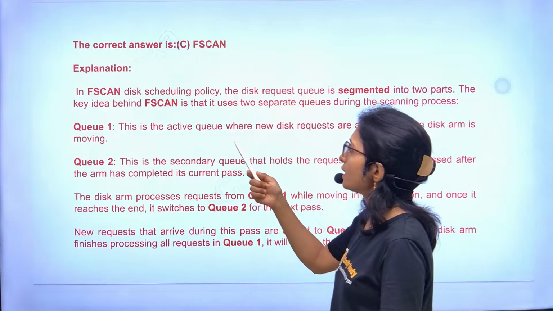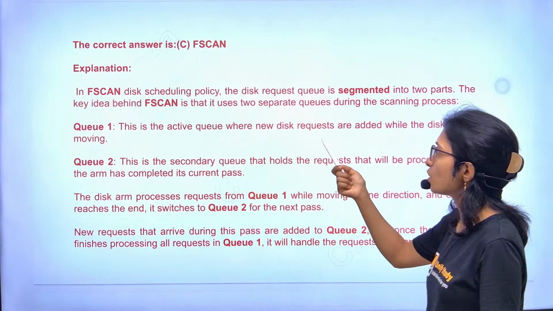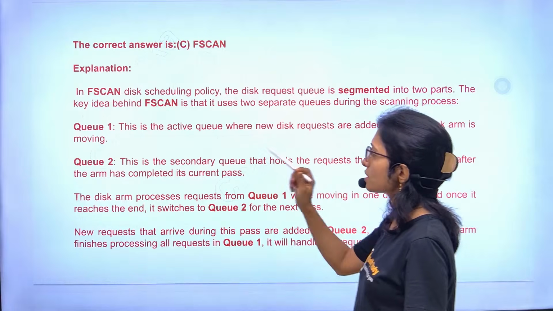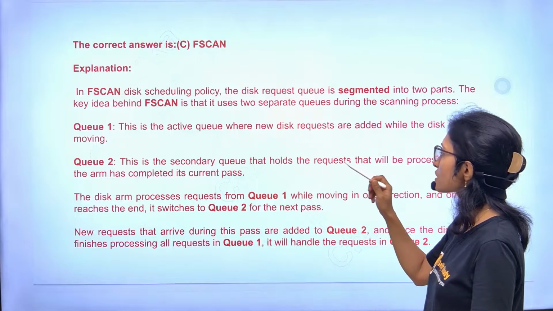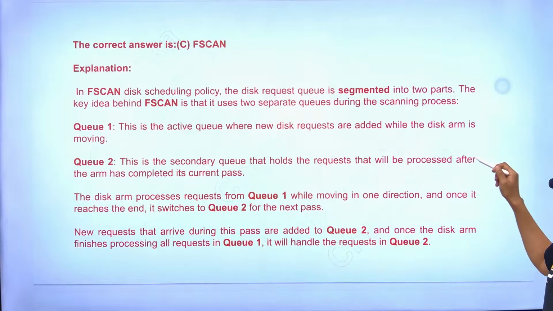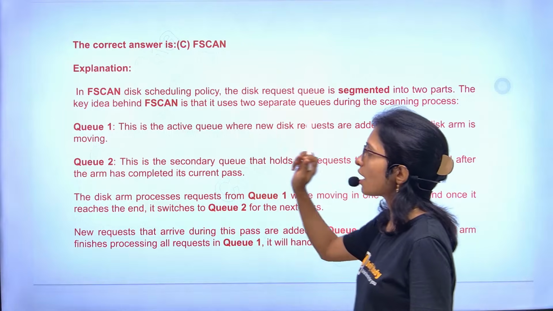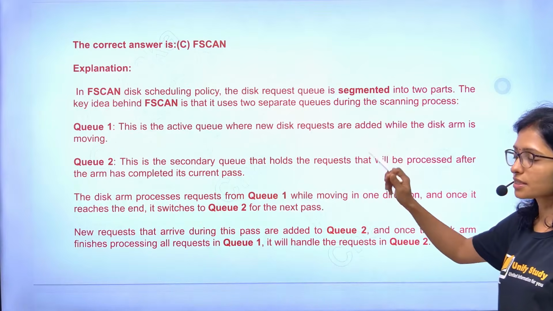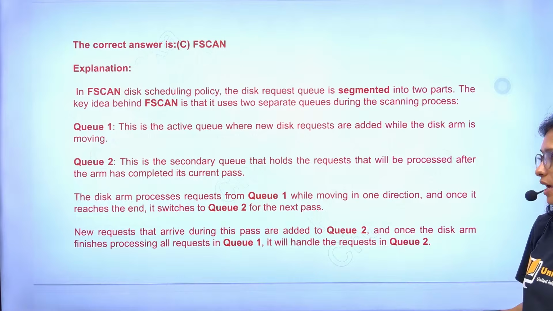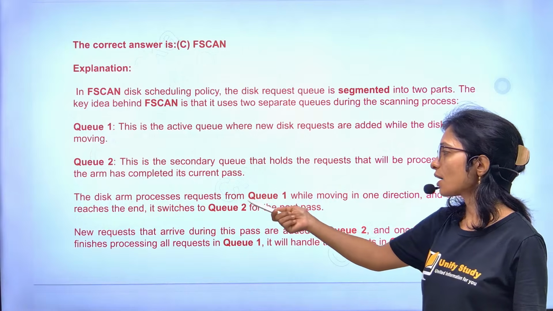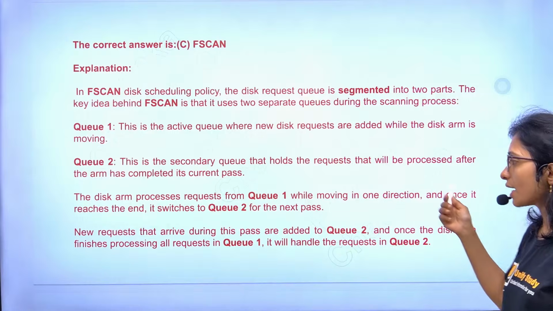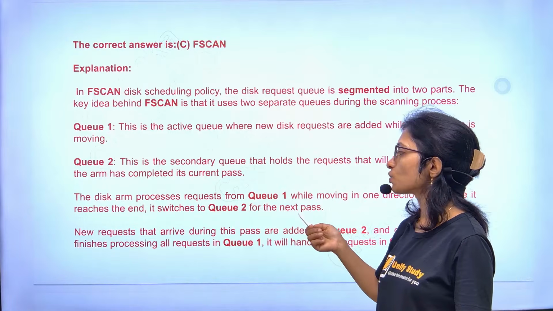Q1 is the active queue where new disk requests are added, and Q2 is the secondary queue that holds the requests that will be processed after the arm has completed its current pass. This is the main idea behind SCAN. So the disk arm serves Q1 while moving in one direction and switches to Q2 for the next pass.